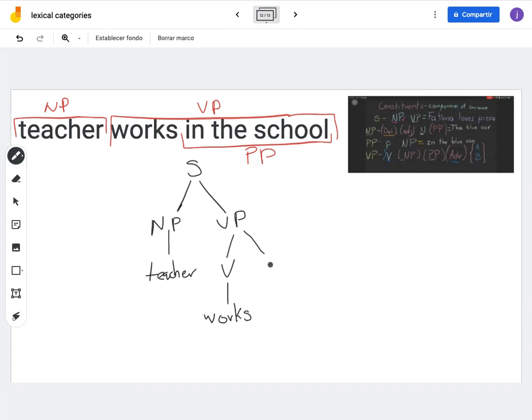Okay, so we put prepositional phrase, and down we draw two lines, and in this one we put P because it's a preposition, that in this case is "in".